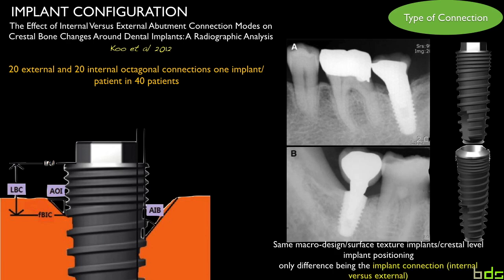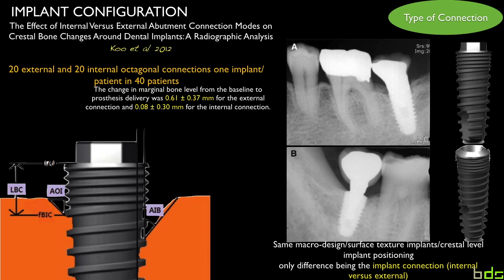It was a nice study design, using the split mouth technique on the same patient, so the patient was used as a control, and the only parameter to compare was the type of connection. They found that obviously the internal octagonal connection was more favorable.